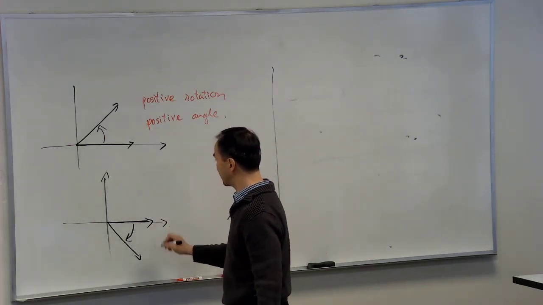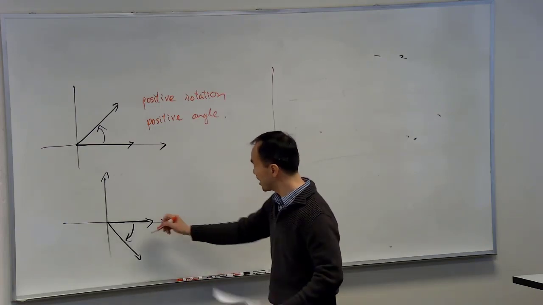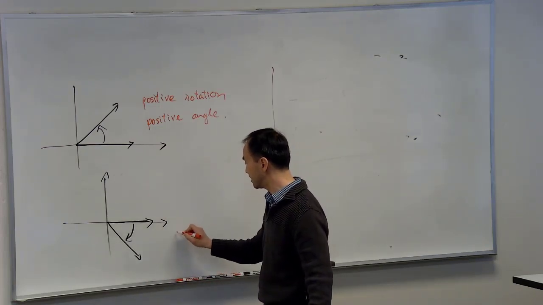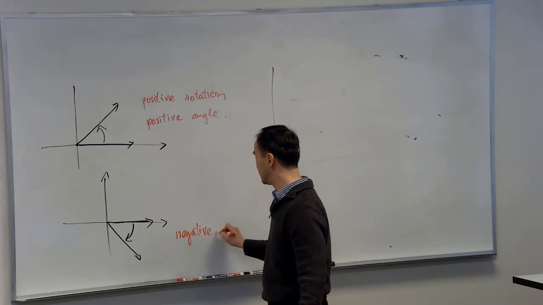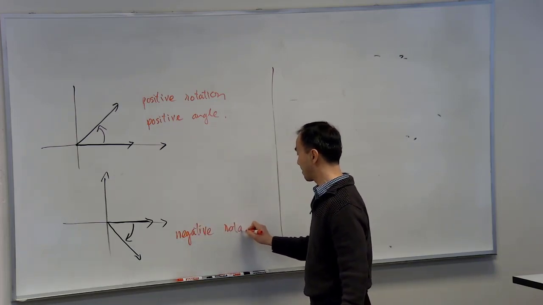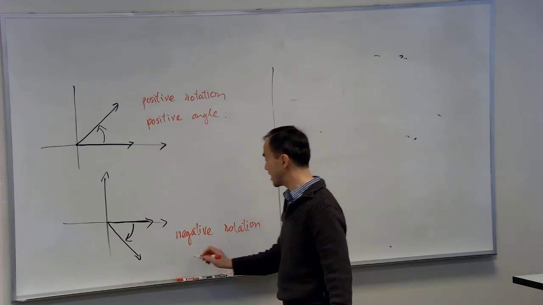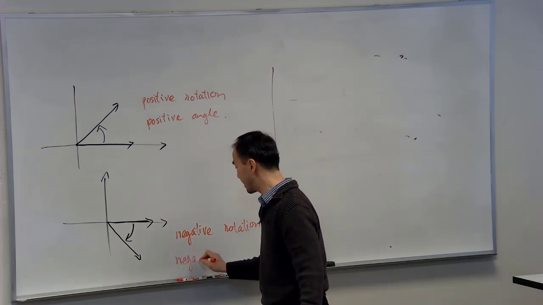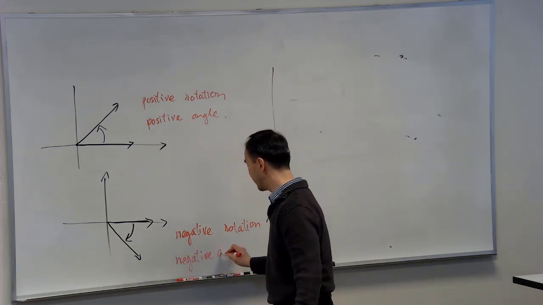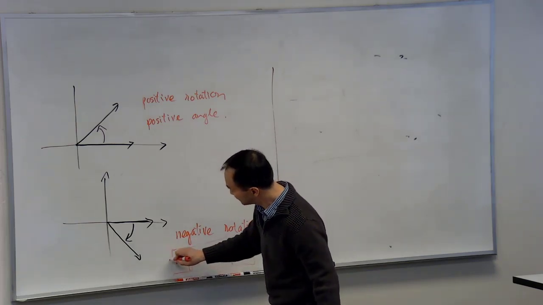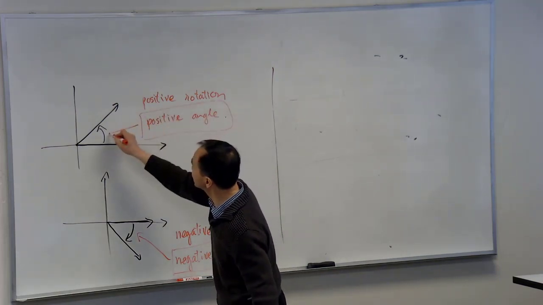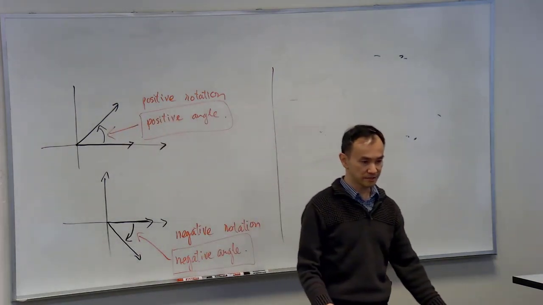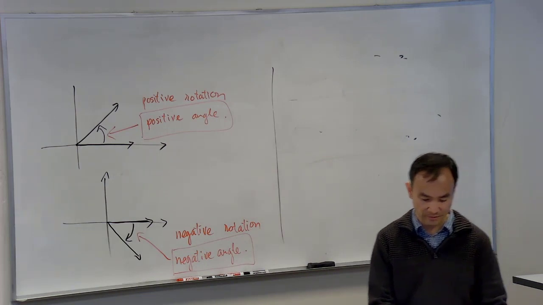In that way, we call this a negative rotation, and a negative rotation leads to a negative angle. See, this right there is a negative angle. The positive angle goes here. That's how it is. Easy enough to understand?